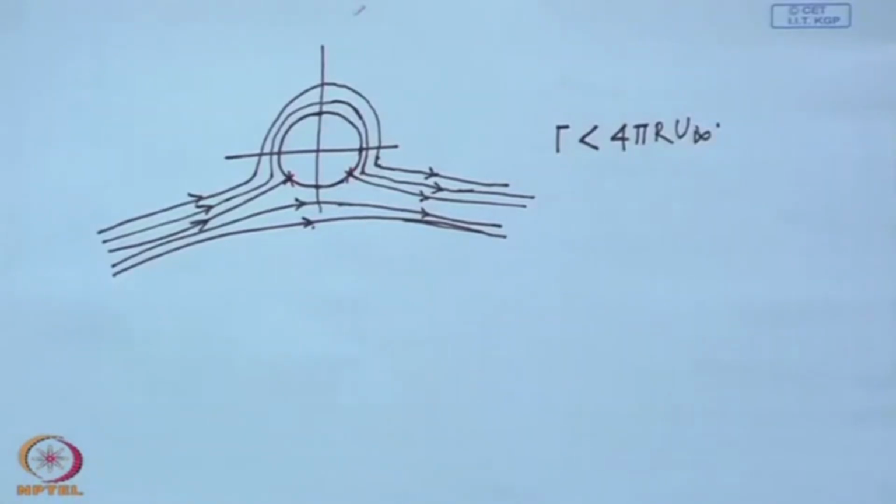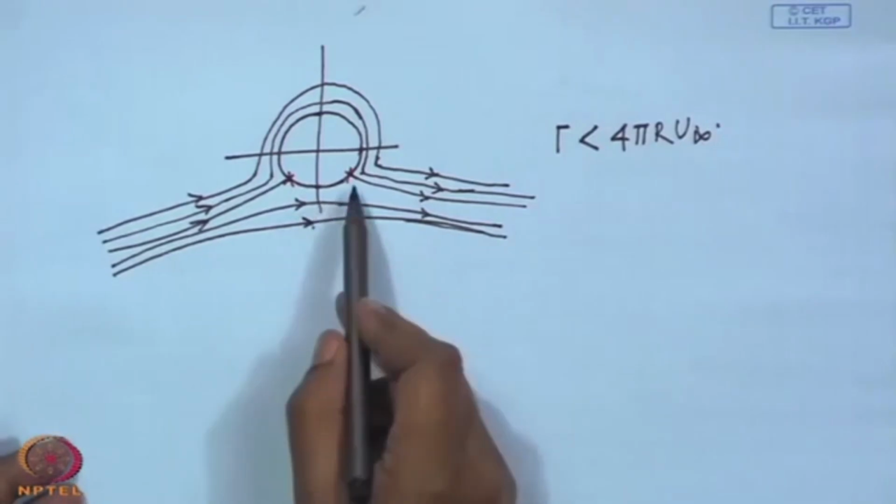If now gamma equal to 4 pi r u infinity, then you see that this sin theta s has value -1, meaning that both the stagnation points will be then here.